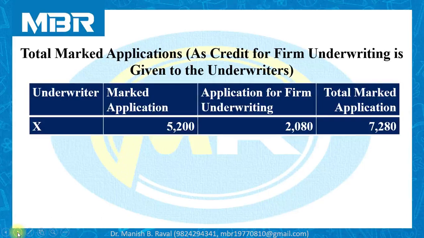In the earlier case, when we had not given credit to X, at that time we considered 5,200 as the marked applications. But in this situation, situation number 2, we have decided to provide credit of firm underwriting to the underwriter. So benefit of this 2,080 is given to X. In this situation, total number of marked applications for underwriter X, 7,280.